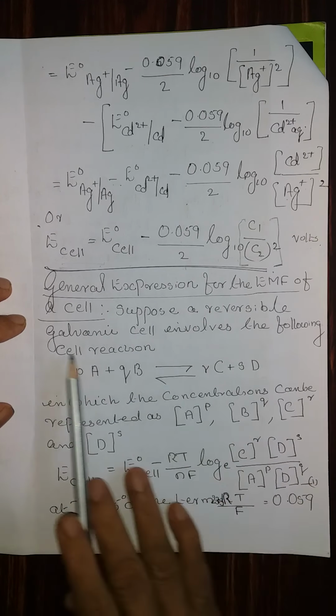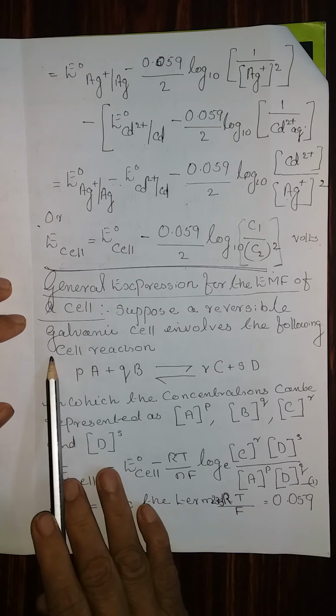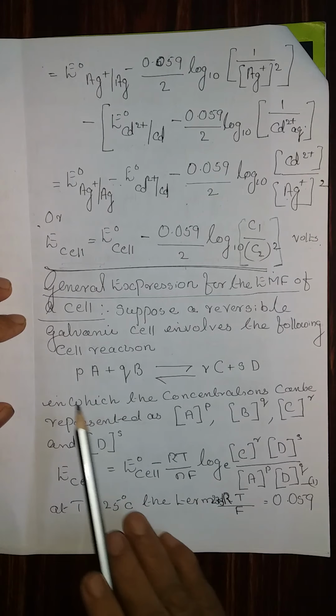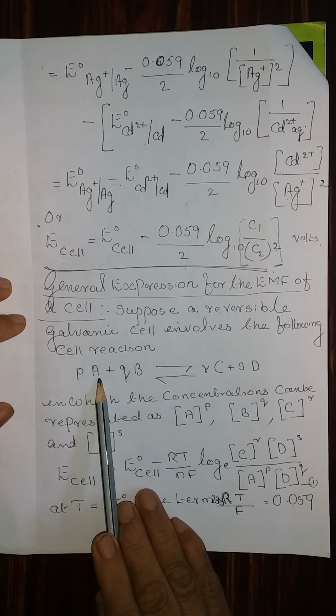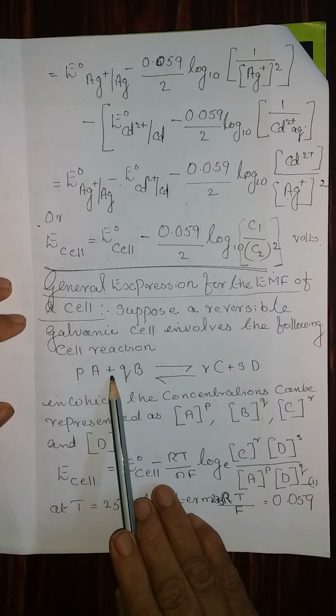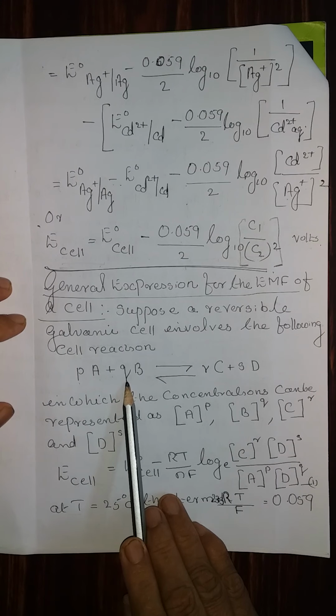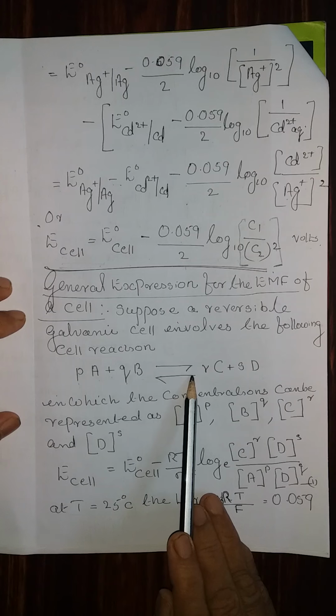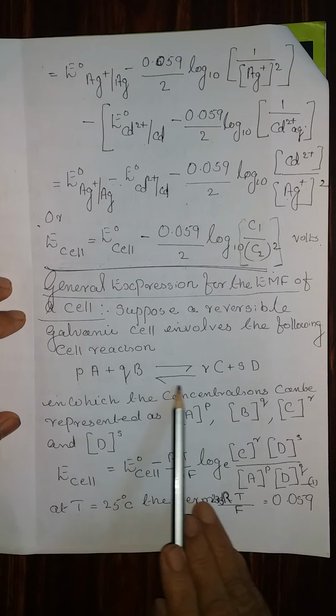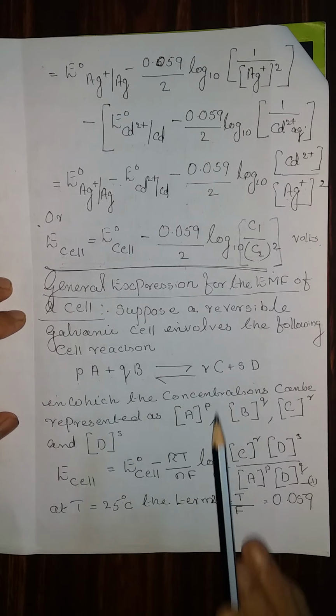Suppose a reversible galvanic cell involves the following reaction: P, that is a stoichiometric factor, P capital A reactant, plus Q stoichiometric factor, B also reactant. The reversible sign is required when you derive this relationship.